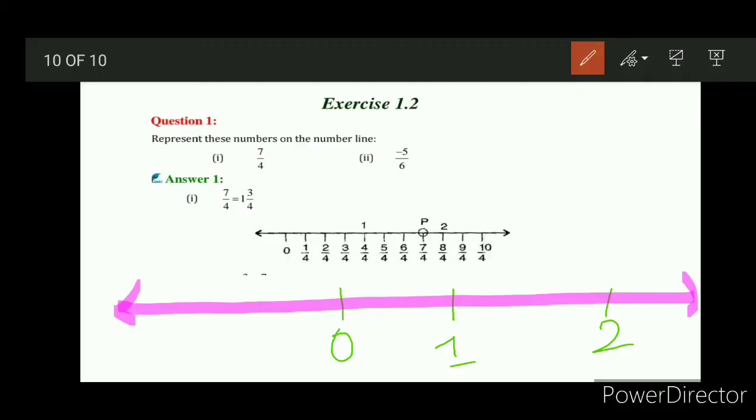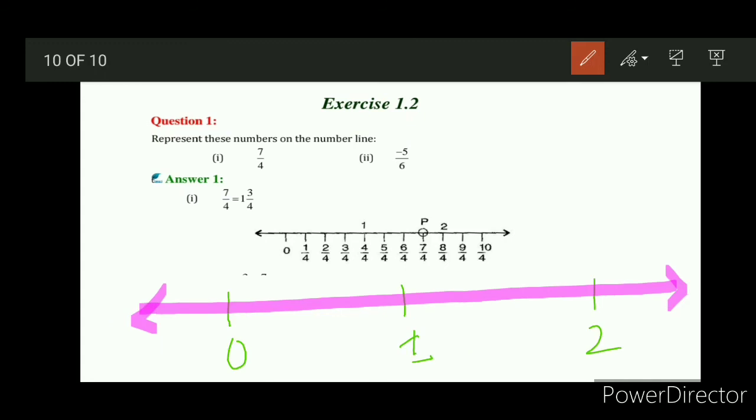Yes, children, from that video you got some idea how to represent the rational numbers on the number line. There are two methods: one where the numerator is less than the denominator, and another where the numerator is greater than the denominator. See, in the first number the numerator is greater than the denominator.